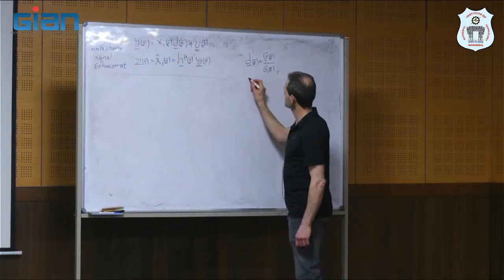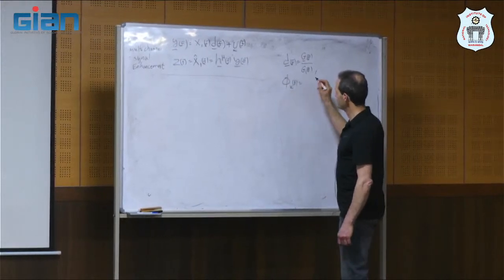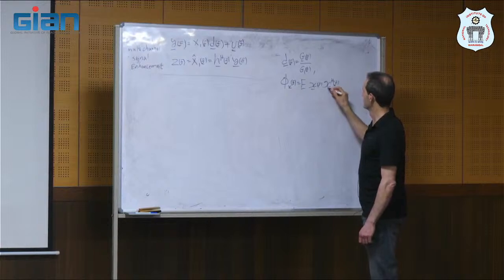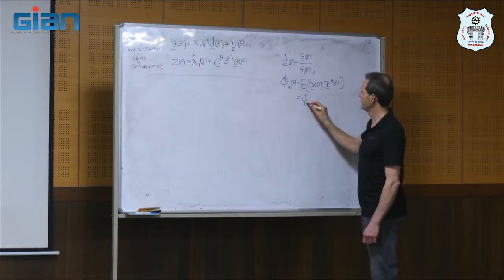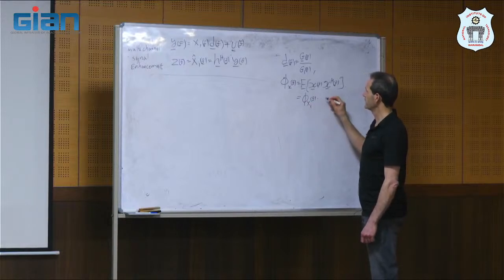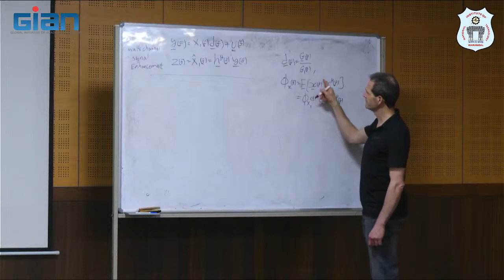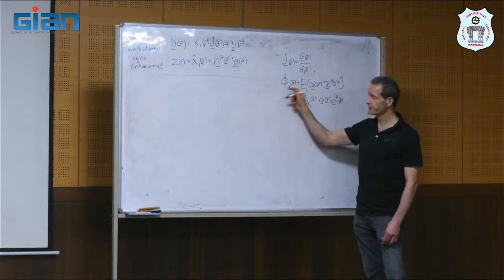This correlation matrix is the expectation of x x^H, so it's actually phi x1, the variance of x1, multiplied with d d^H. So if I know D, and I know the variance of the desired signal in the reference channel, I know this matrix.